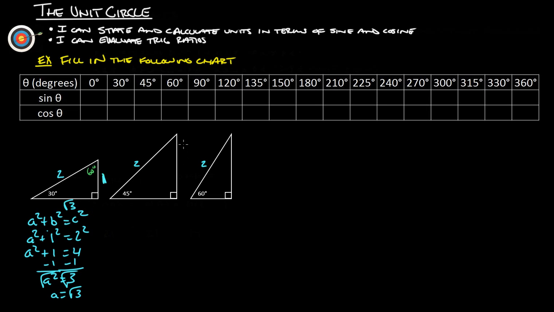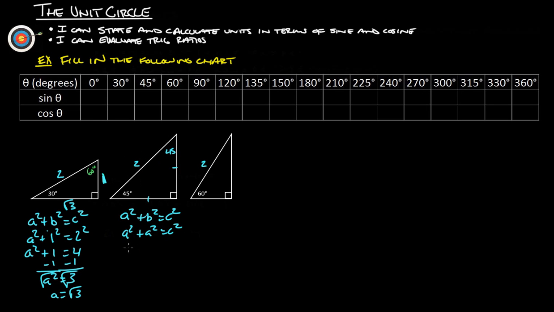This one here is an isosceles triangle, because this is 90, this is 45, so this has got to be 45. So we know that these two side lengths have to be the same, so we just have to find one or the other. We can still do a squared plus b squared equals c squared, but since these two sides are the same, I'm going to turn this b squared into another a squared. So we'll do a squared plus a squared equals c squared, and start plugging our stuff in.